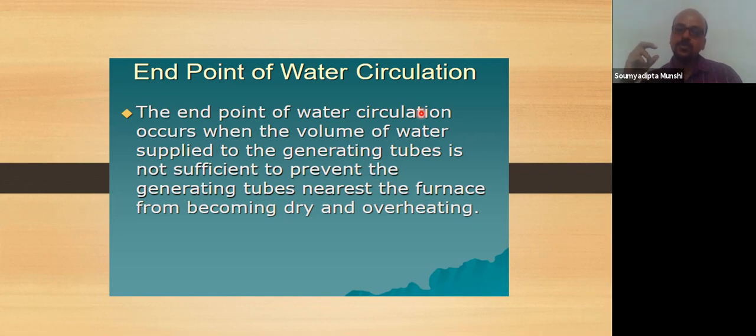That means the tube which is highly heated transfers its heat to the lower-temperature water, and the temperature of the water tube wall is maintained. If a point occurs where the water coming from the downcomer is not sufficient to reduce the temperature of the generating tube, that point is called the end point of water circulation.